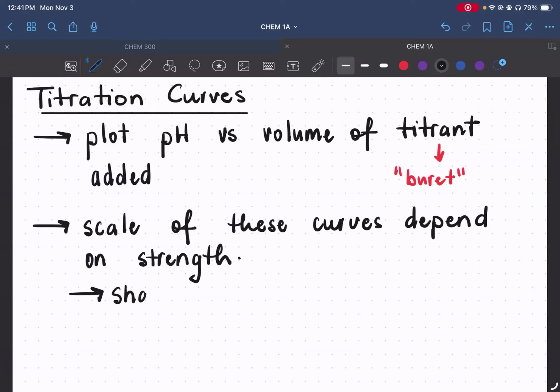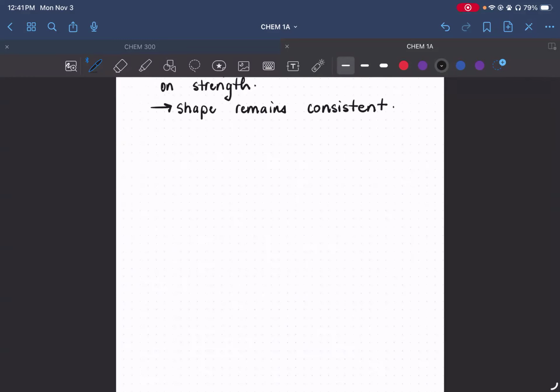However, the shape remains consistent. So let's see a couple examples of what this looks like.